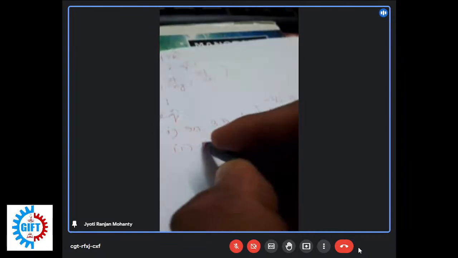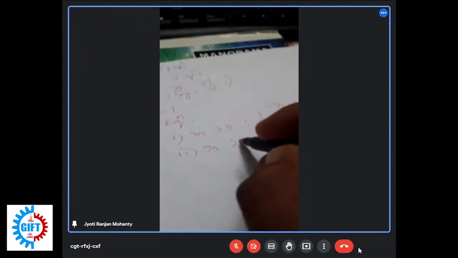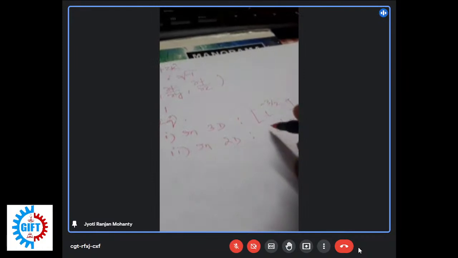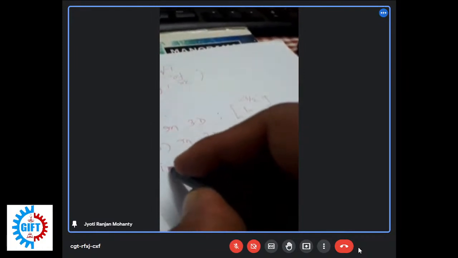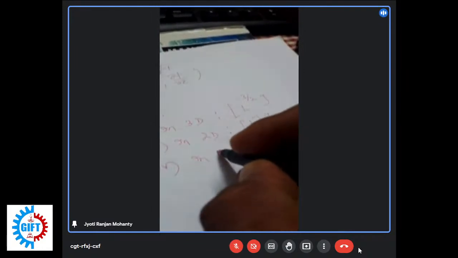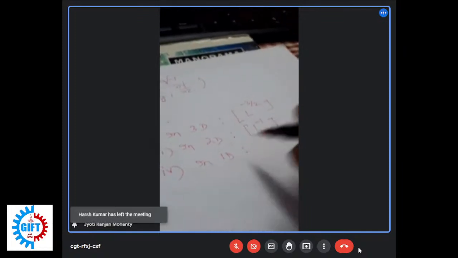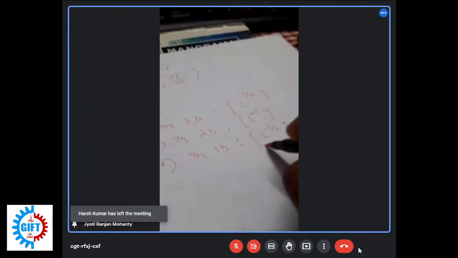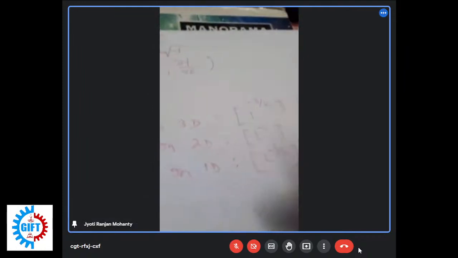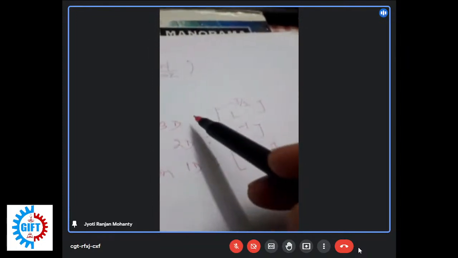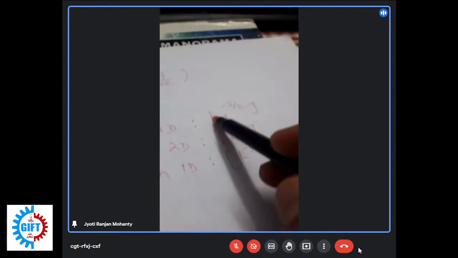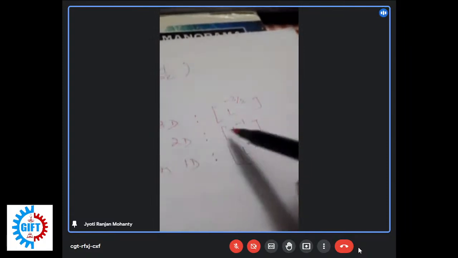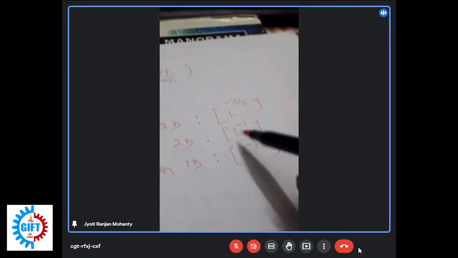In 2 dimension, the dimension formula is L power minus 1.